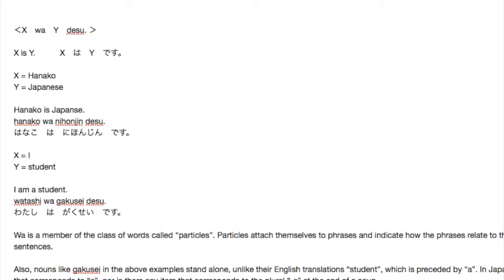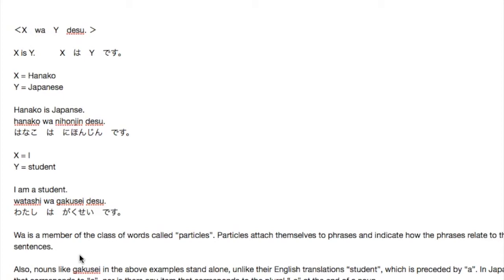Okay, so X は Y です. X is Y. Hanako is Japanese.